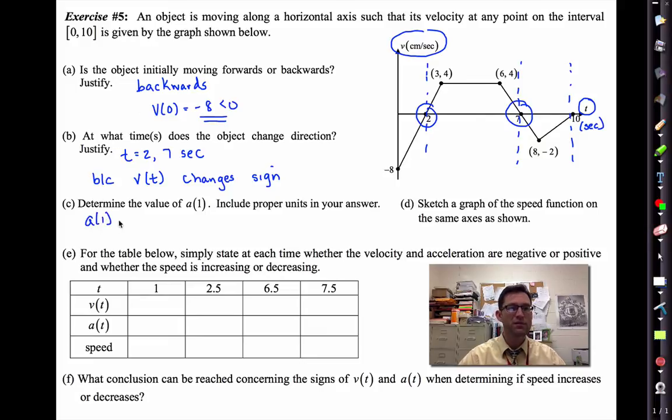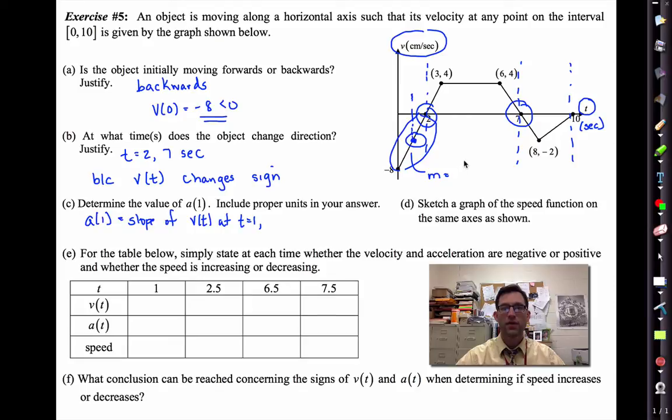A of 1 must be the slope of v of t at t equals 1. That's not that hard, right? It's right here. I need to figure out its slope. Well, I could just figure out the slope between these 2 points.